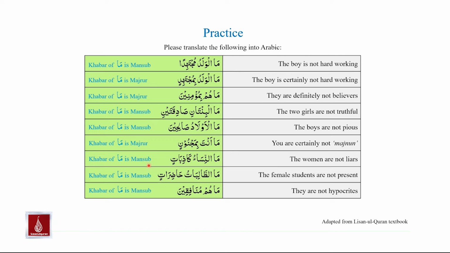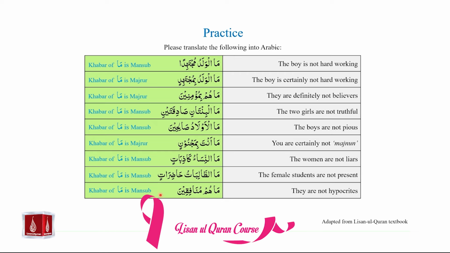The khabar of ma here is mansoob. The female students are not present. Ma at-talibatu haziratin. The khabar of ma is mansoob. They are not hypocrites. Ma hum munafiqina. The khabar of ma here is mansoob.